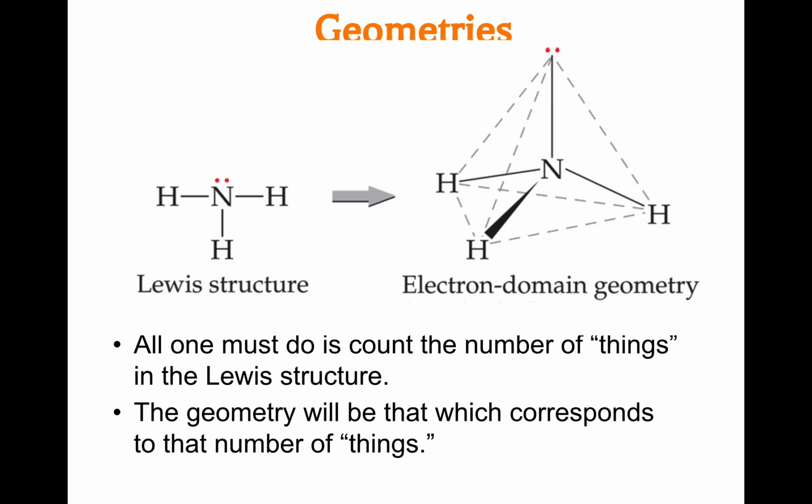Remember, the number of things is paired electrons and then bonds. The geometry will be that which corresponds to the number of things. If you have 3 things, you're going to have a certain geometry. If you have 4 things, you're going to have a certain geometry. And we'll talk about each one of those.